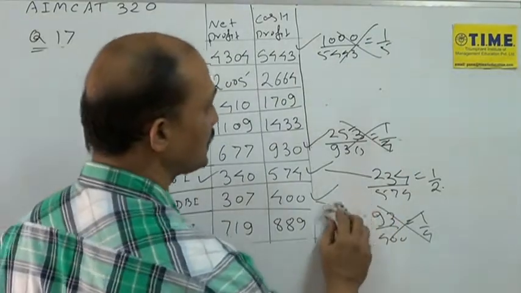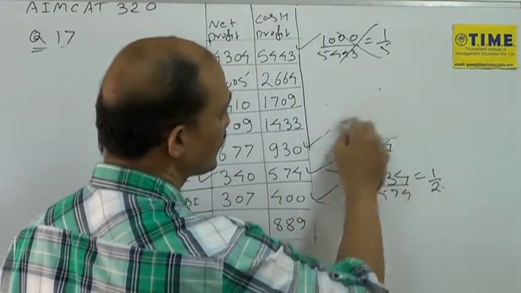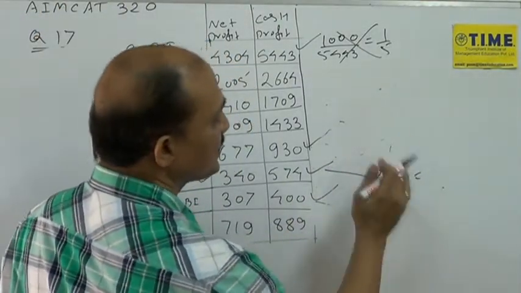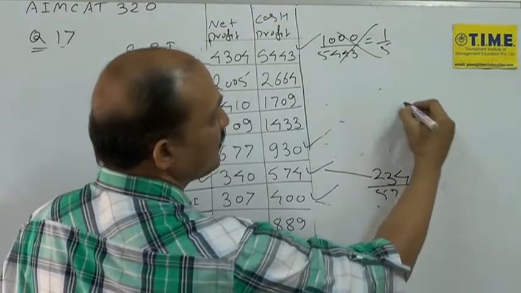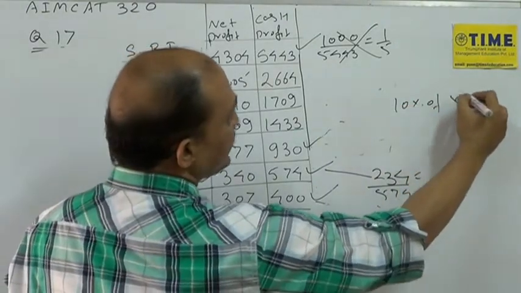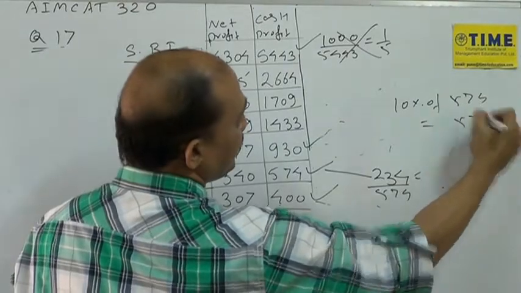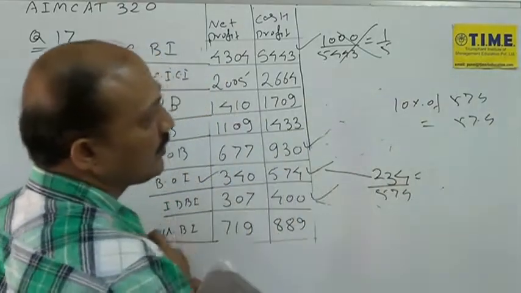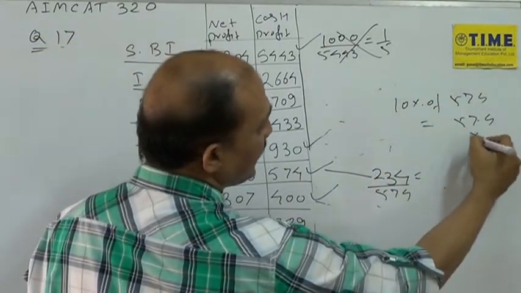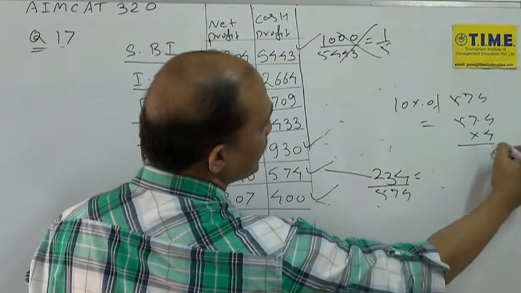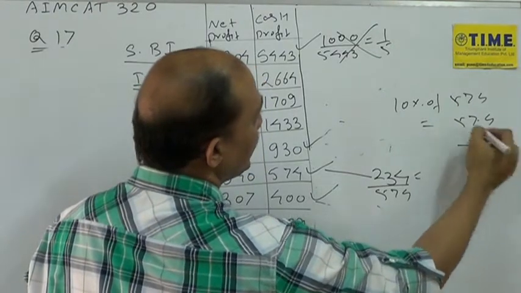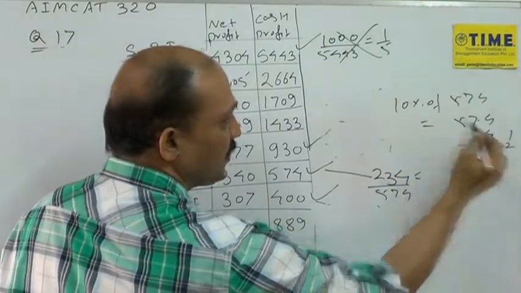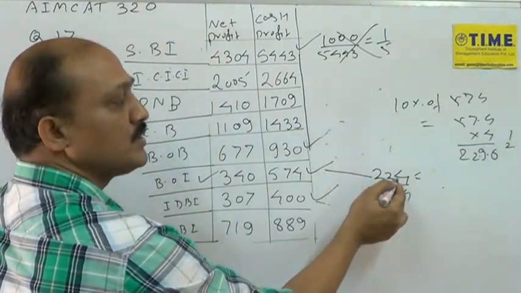So let's do the calculation now. It's 234 divided by 574. 10% of 574 is 57.4, and roughly if I multiply it by 4, I get 229.6, which is almost near to 234.